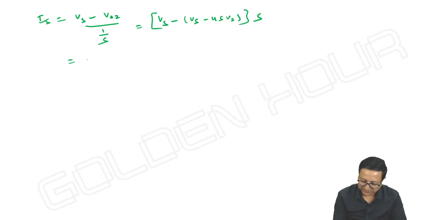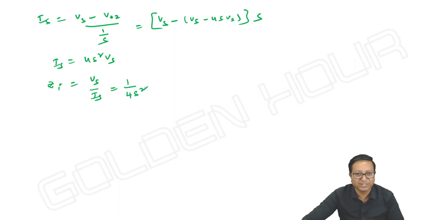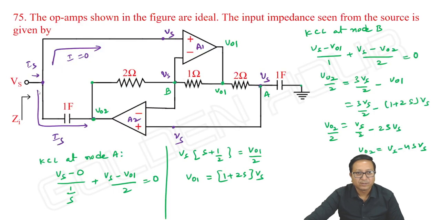So what do you get? It is 4s square into Vs. So Zi is equal to Vs by Is. It is 1 by 4s square. Okay, that's it. This is how we can do this problem.